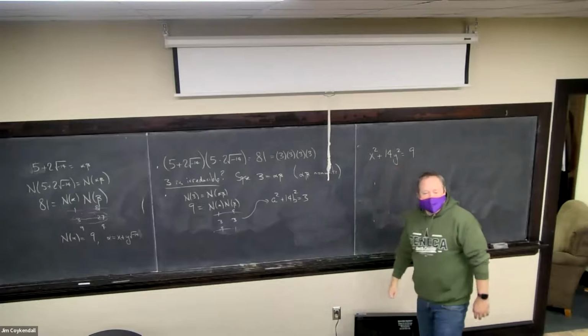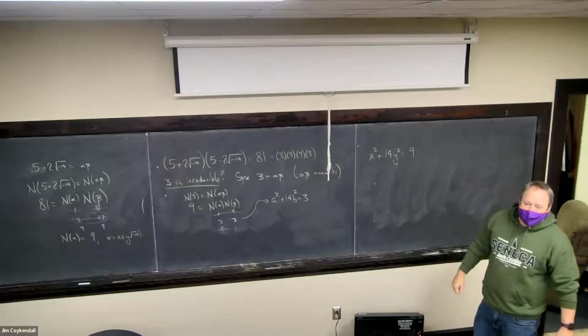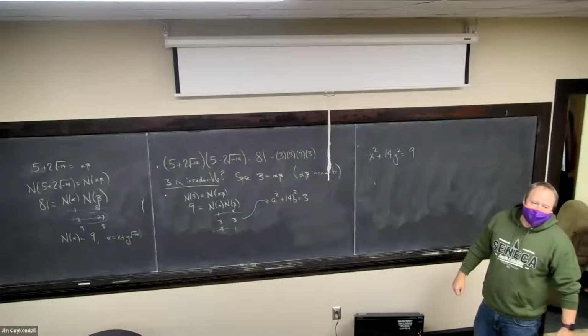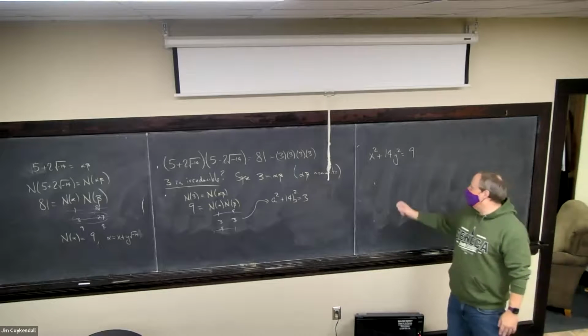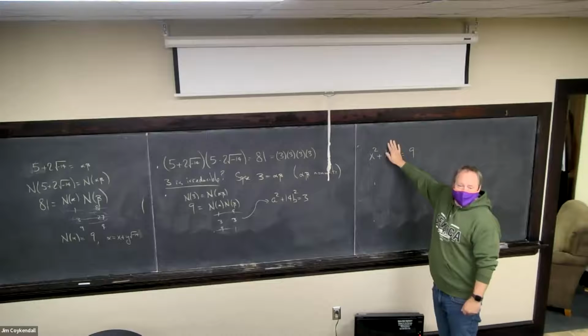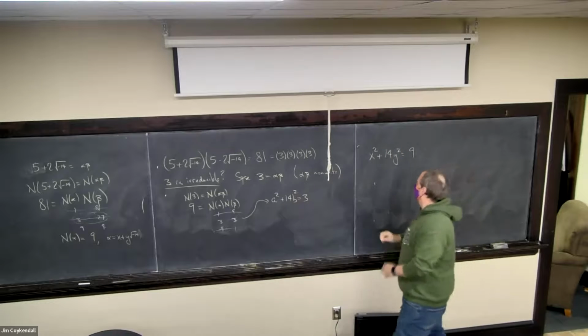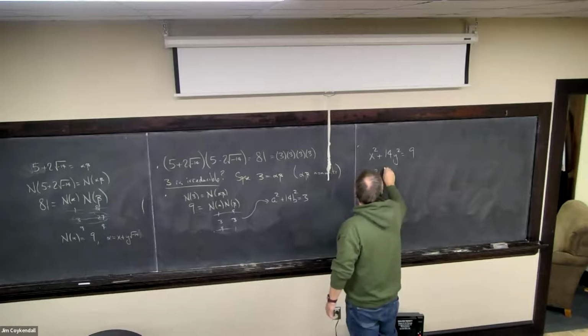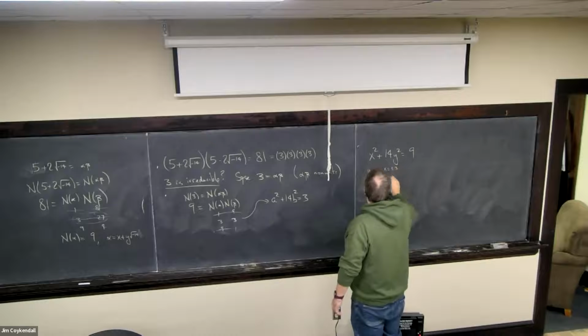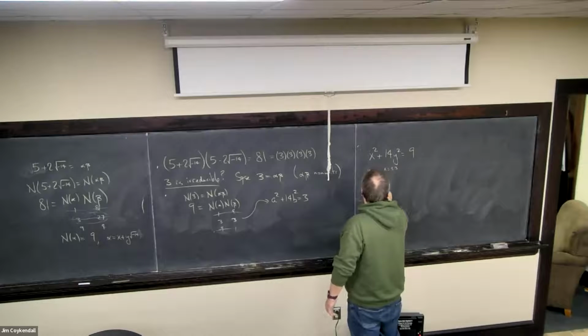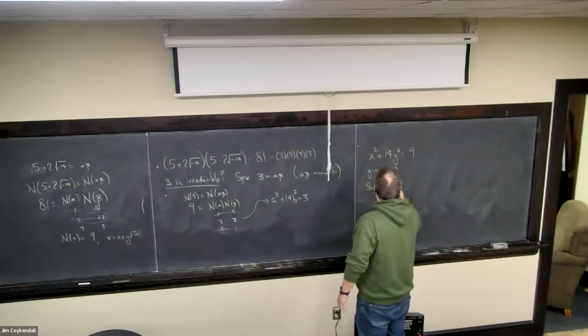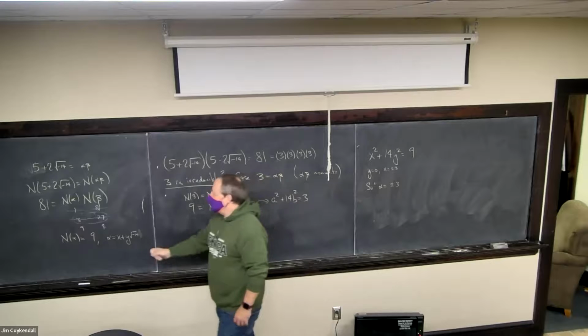Now that certainly is solvable, right? But there are only 2 solutions. Again, y has to be zero, and so I conclude very quickly that alpha must be plus or minus 3.